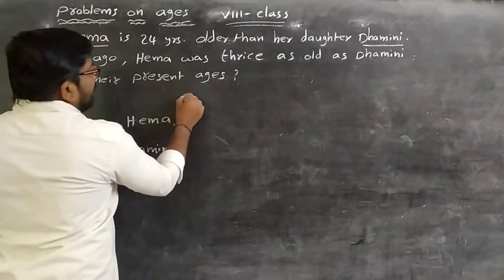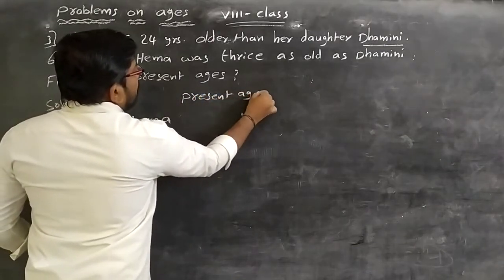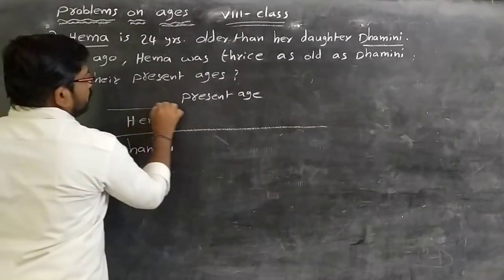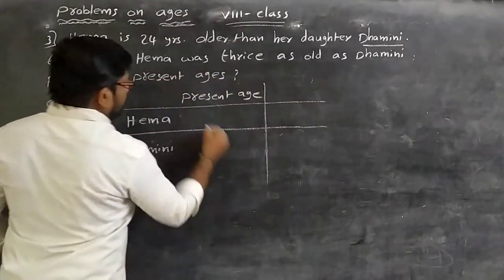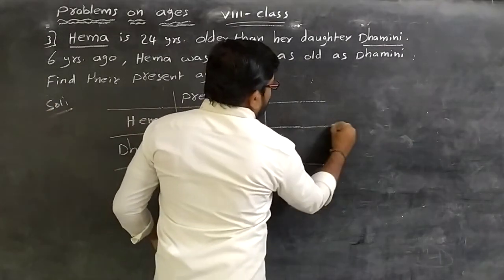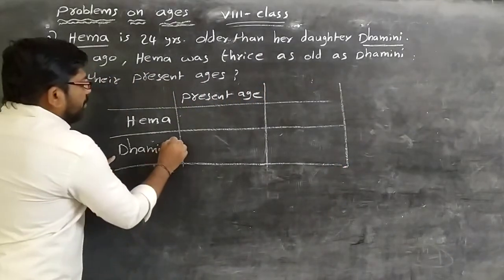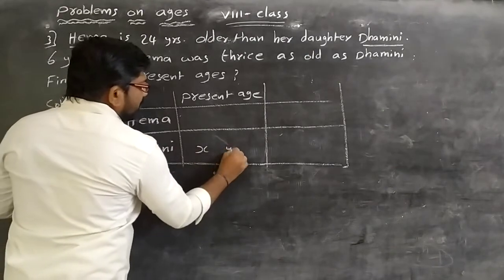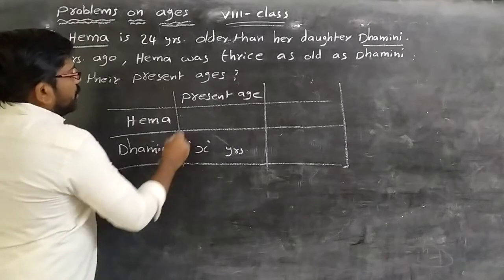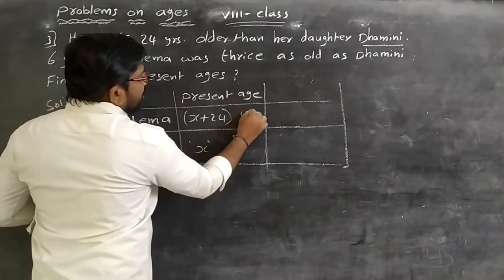So let the present age of Damini be x years, then her mother's age is x plus 24 years, right?